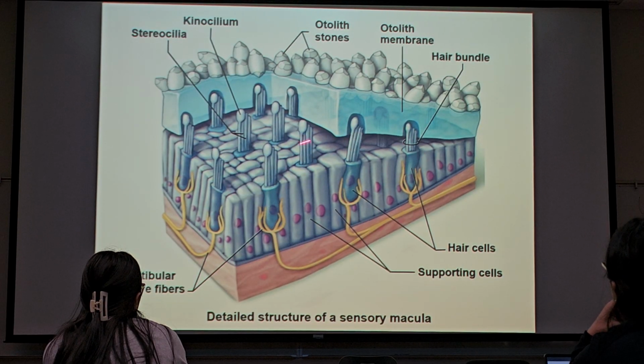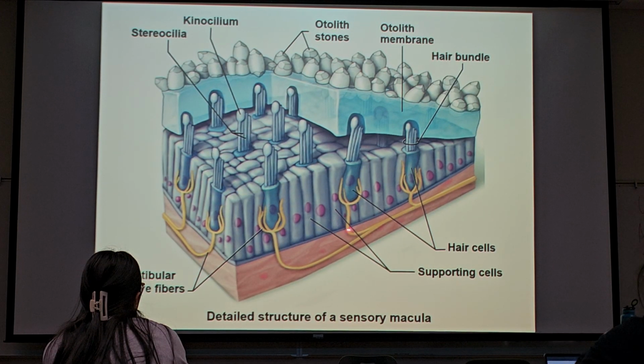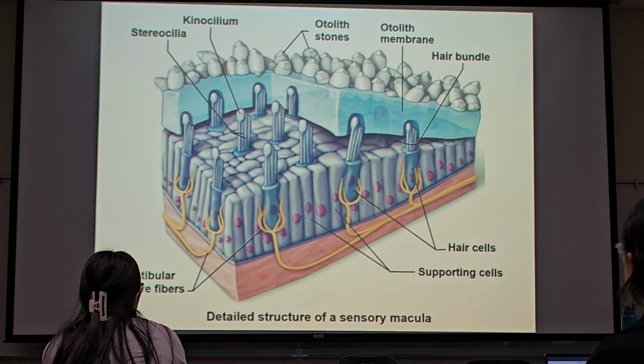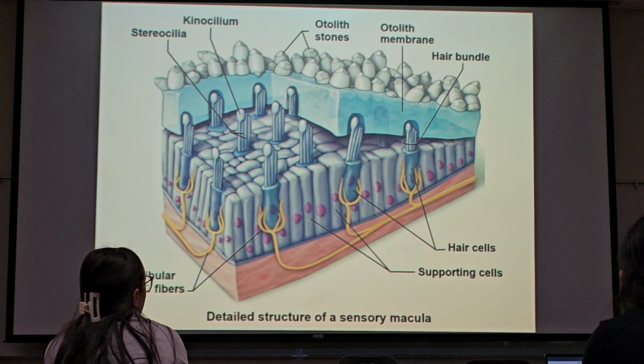And that bends these hairs. That's going to cause an electrical impulse to be generated in the hair cell that will be transferred to these branches of cranial nerve 8, sending the information that the head is moving to the brain.